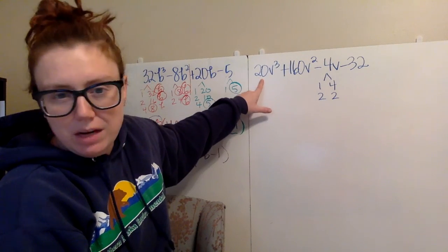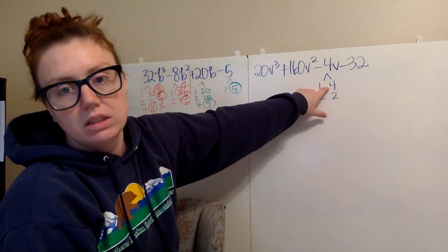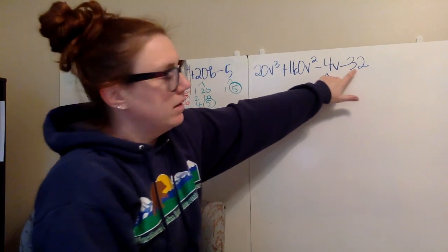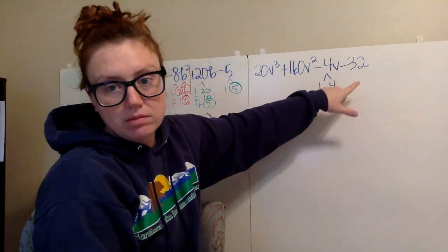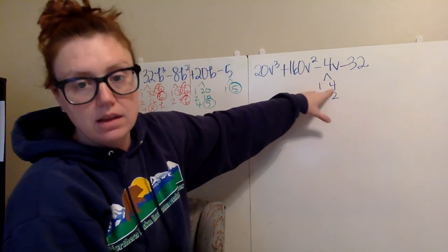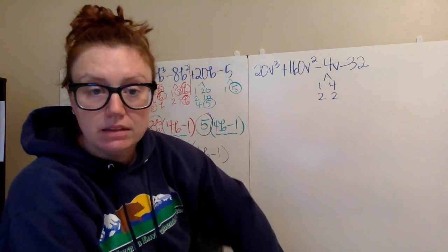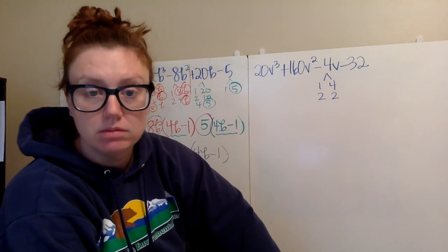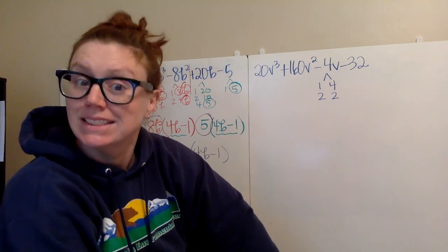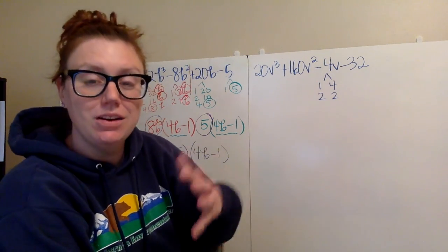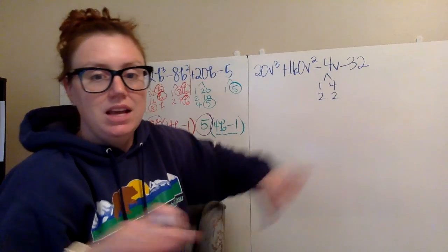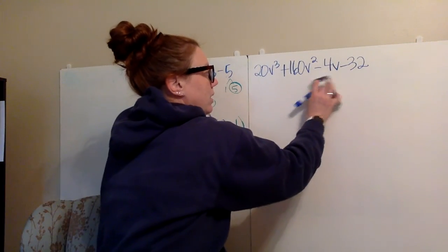So can 20 be divided by 4? Yes. Can 32 be divided by 4? Yes. Can 160 be divided by 4? I don't know. Grab a calculator. Check it out. It can. So I know that all 4 of these have a GCF of 4.